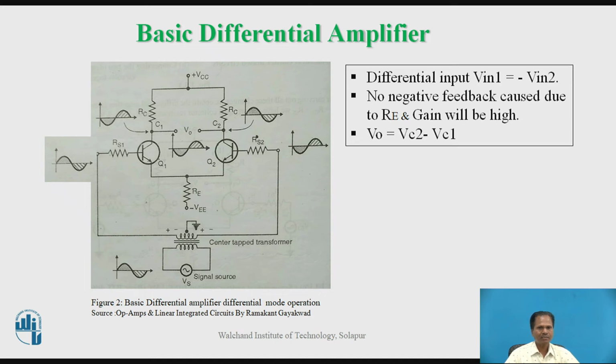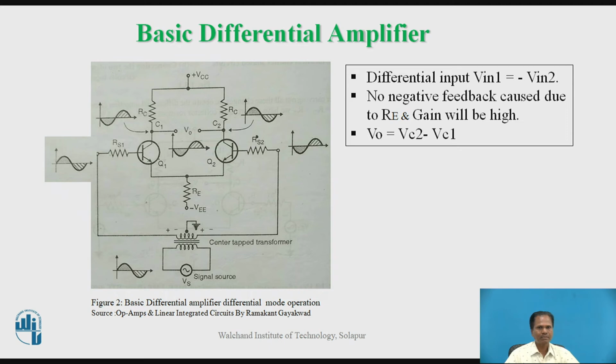The current flowing through resistor RE is equal to 0 because the voltages appearing across RE due to the first input and second input, Vin1 and Vin2, cancel each other. So RE does not cause any negative feedback, and the gain of the overall differential amplifier will be a maximum.